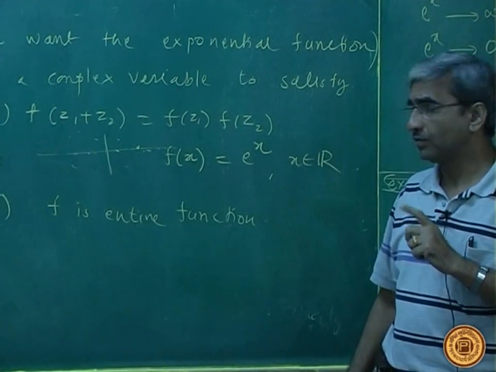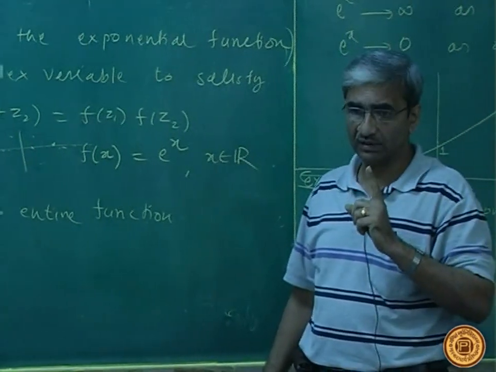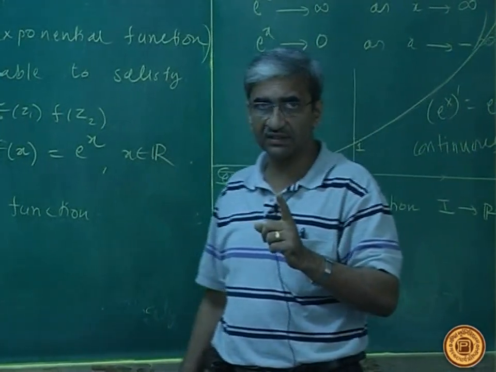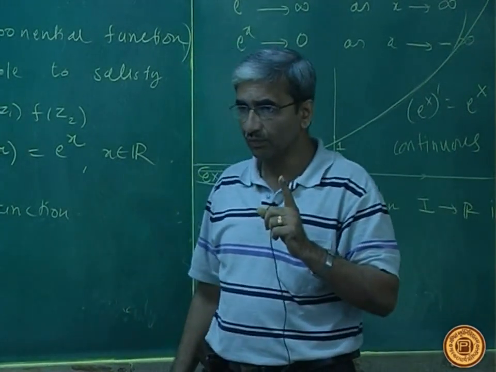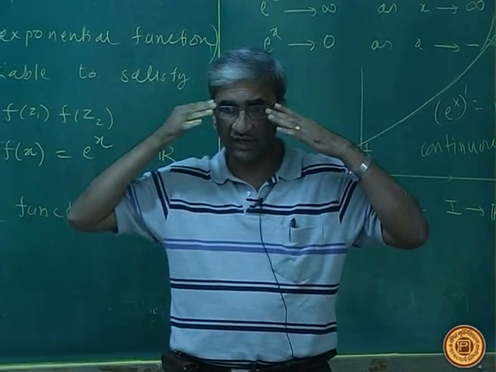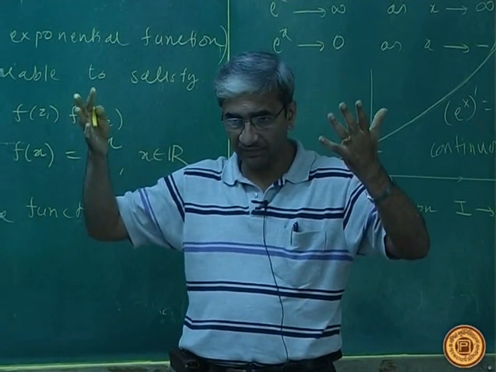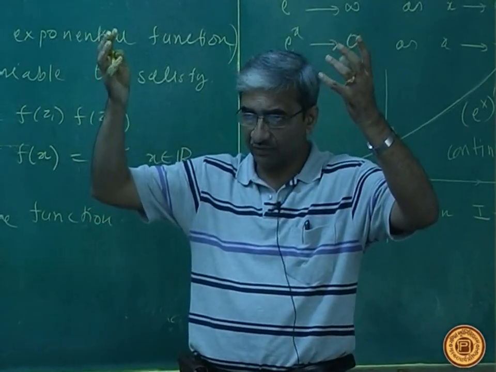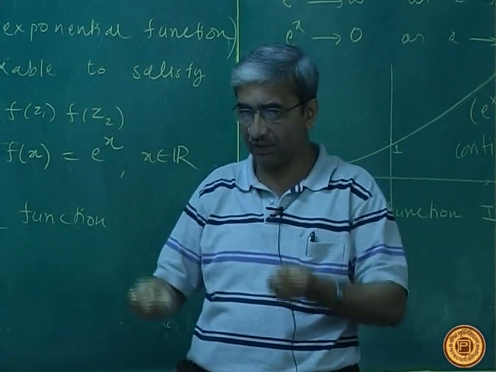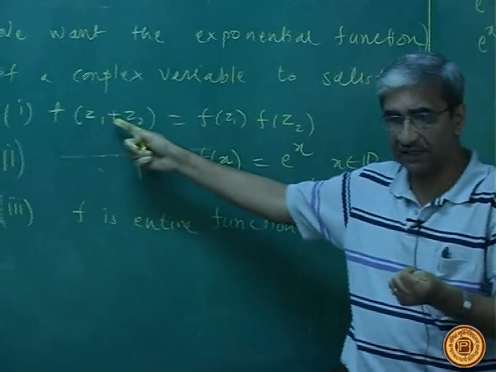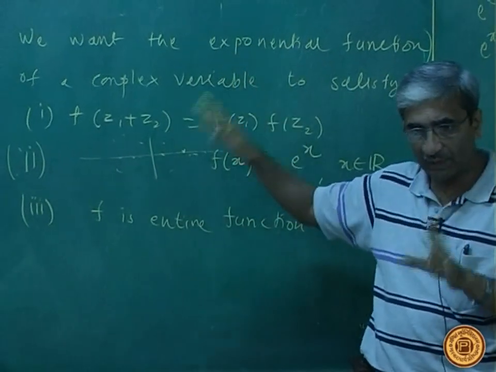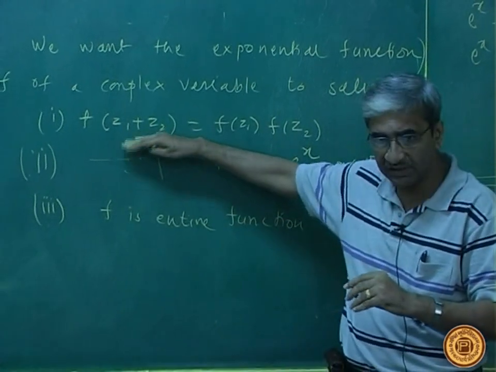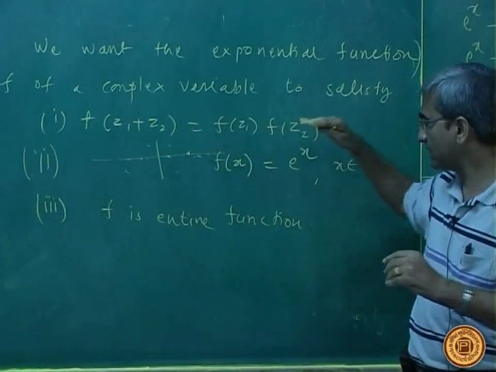Once we do exponential functions of real variables like we did just now, we come to know that the exponential function of real variables has some properties. We pick from those properties some desirable ones, that is e to the power x1 plus x2, like that. That I want also for the complex variable z. So I want e to the power z1 plus z2 equal to e to the power z1 into e to the power z2.